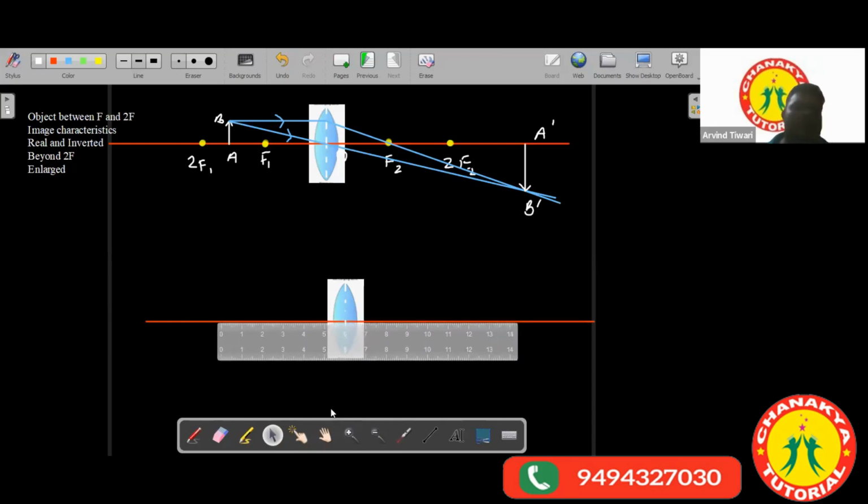My 6 is at the optic center. So I'm taking 3 centimeter to be the distance between F and 2F. So it's like this. Here also it will be the same. If I take wrong measurements, I'll be getting wrong answers. So first take the points, mark the points over there, and then you can proceed.